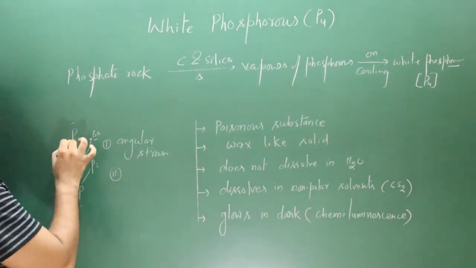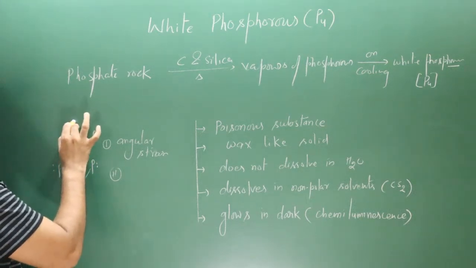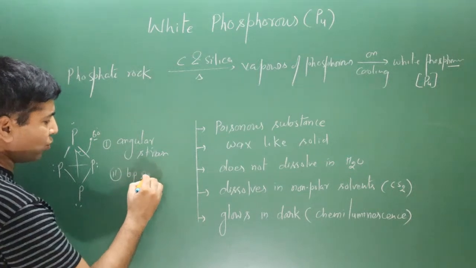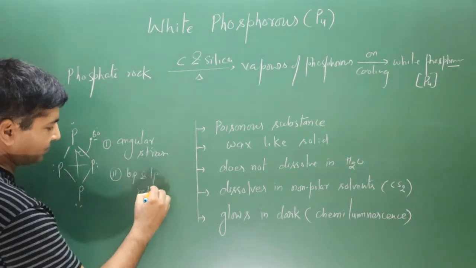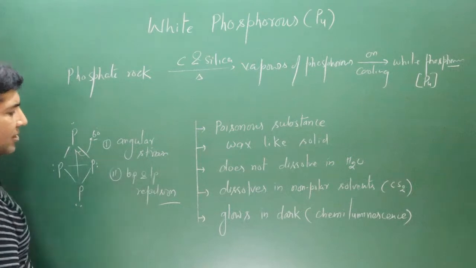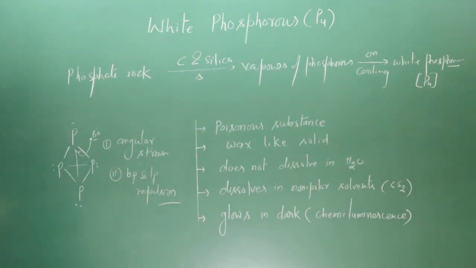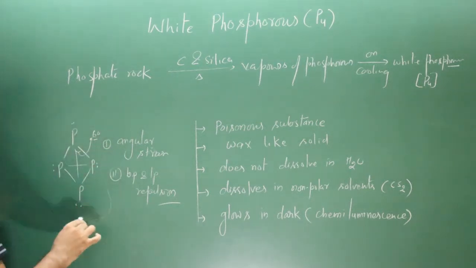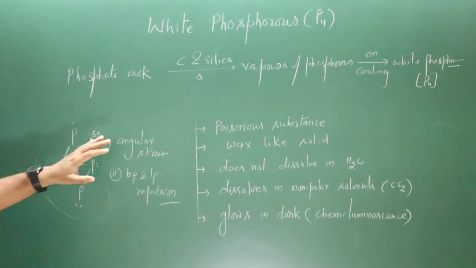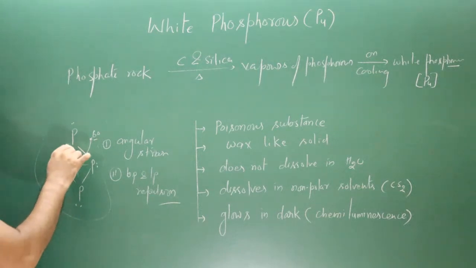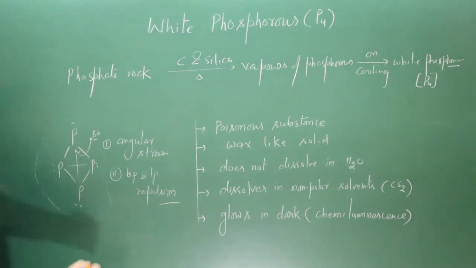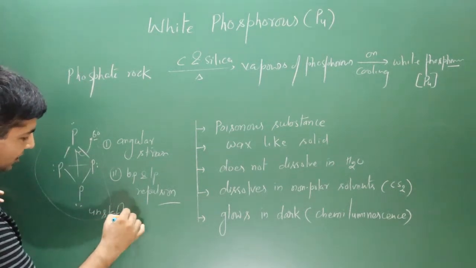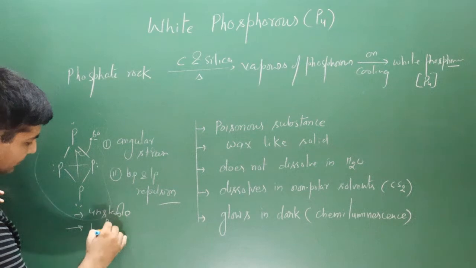Second point, you can see these atoms are closer, so this is the lone pair electron density, and this is the bond pair electron density. There is bond pair and lone pair repulsion also present. Due to these 2 factors, this structure becomes unstable, meaning highly reactive.